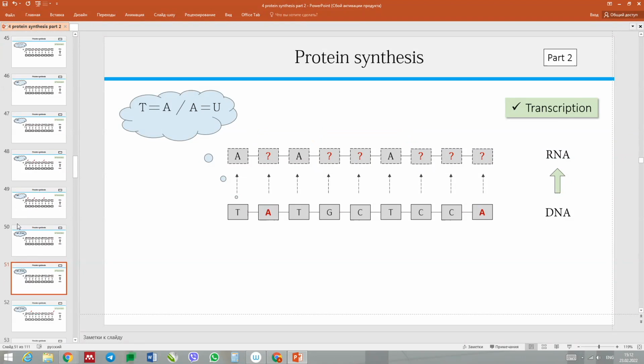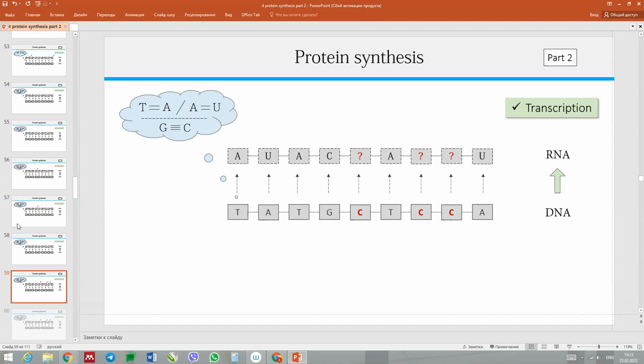Now let's find adenine nucleotide in our DNA, and according to the complementary principle telling us that adenine is complementary to uracil, now we know that corresponding nucleotides in the RNA should be uracil. What about guanine and cytosine? Let's find guanine. The corresponding nucleotide in the RNA will be cytosine.